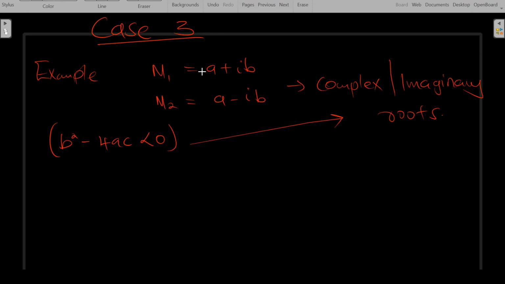We can use either alpha or beta here, but for this case, let's just use alpha. So m1 equals alpha plus i beta, and m2 equals alpha minus i beta.